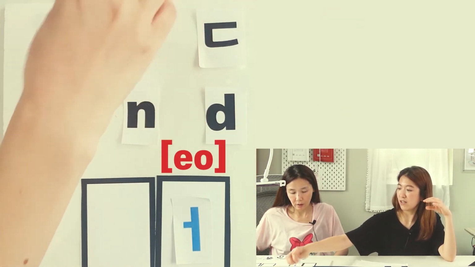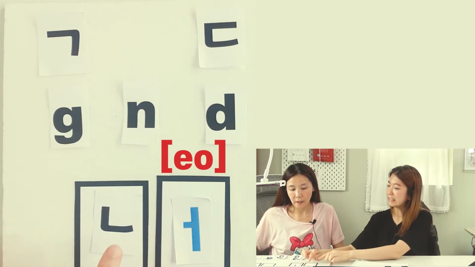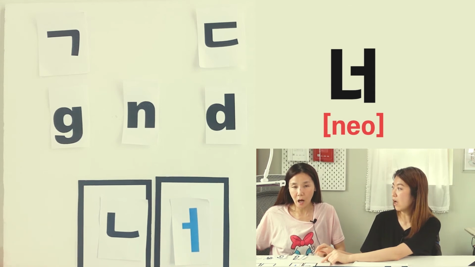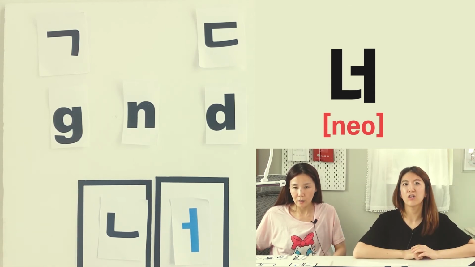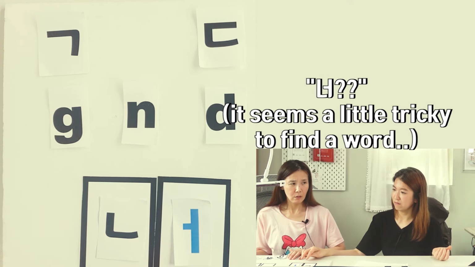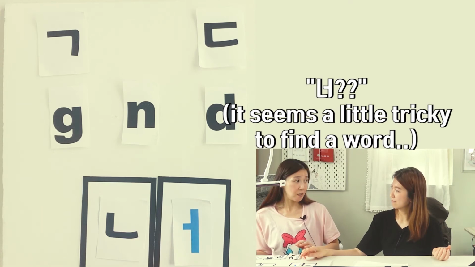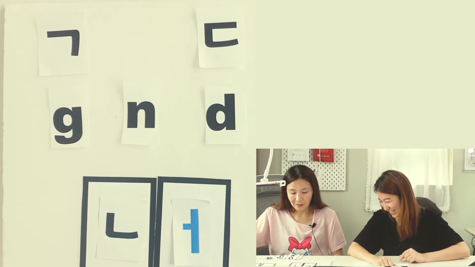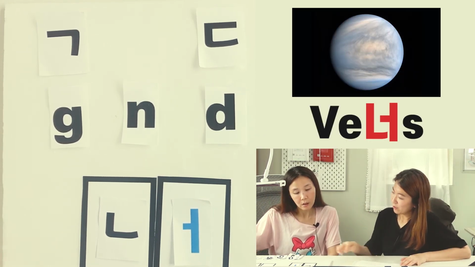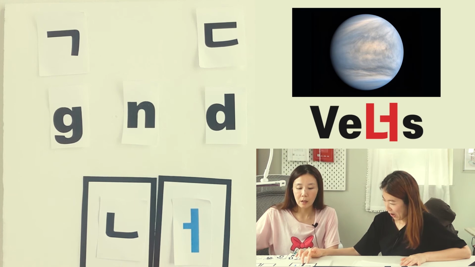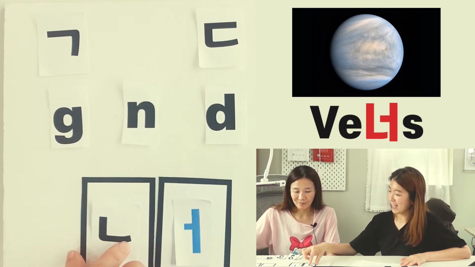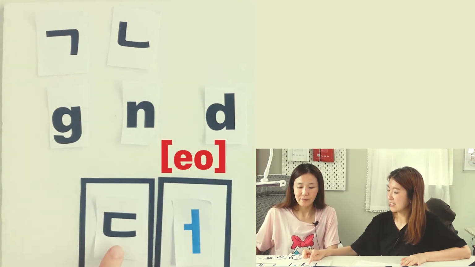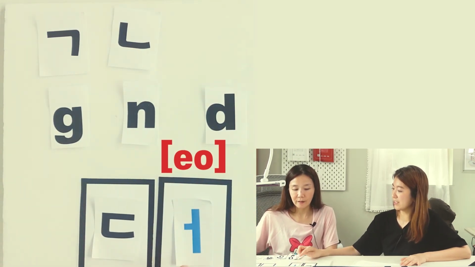Let's change the consonant. The next consonant is 니은. So N sound plus O is no. Venus. The middle syllable no should look like this. No. And then the final consonant is 디귿. This sound plus O is do.